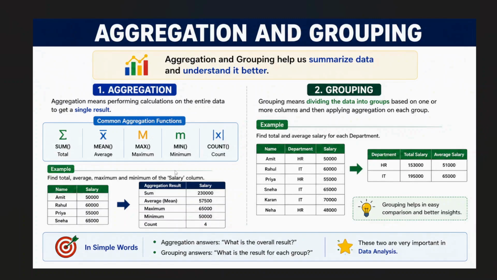For example, find the total, average, maximum and minimum of the salary column. This is your data and this is what you get from aggregation: sum, average, maximum, minimum, count. Count is your total number of records.